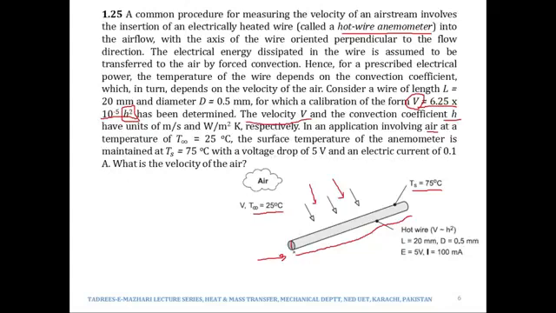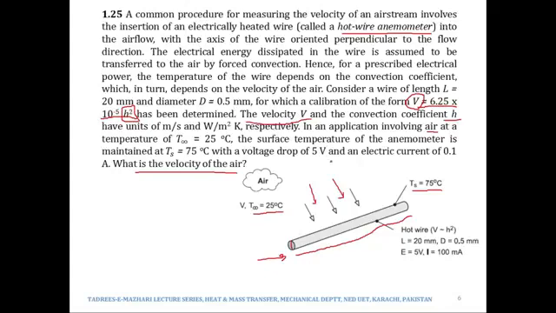Of course, this is an electric wire, so the electrical parameters are a voltage drop of 5 volts and an electric current of 0.1 amperes. This is the data that we are given, and we are being asked to find the velocity of the air that would be calculated by this anemometer if all those parameters exist.